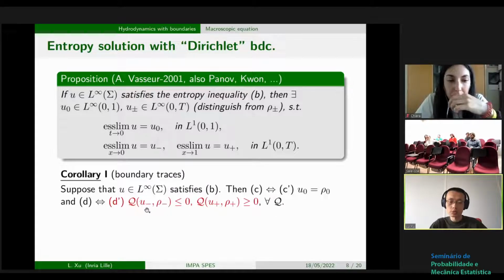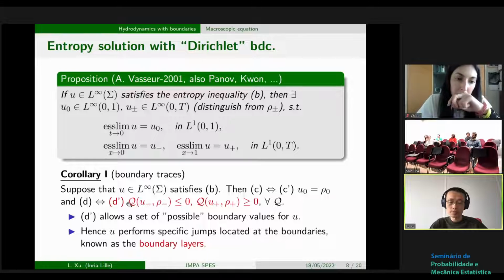It means that if U minus is a boundary trace, and rho minus is the boundary data in the equation, then Q(U minus, rho minus) should be always negative for any boundary entropy flux Q. And for the other side, it is the inverse sign.